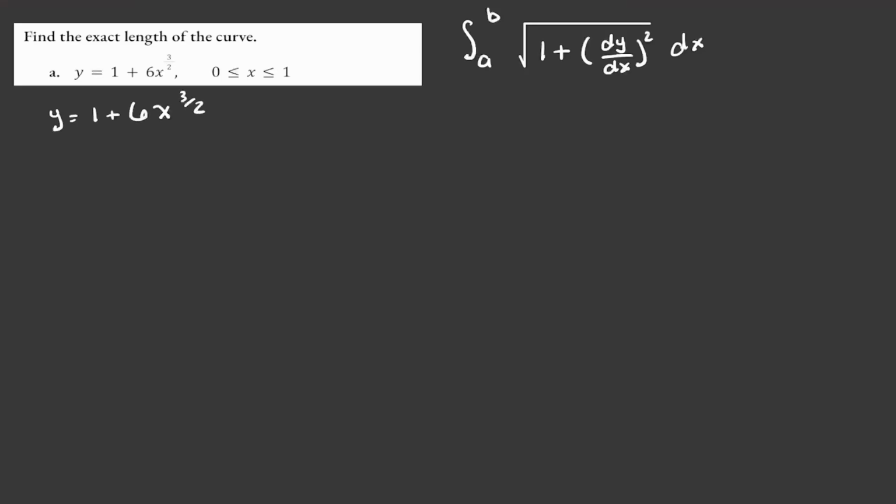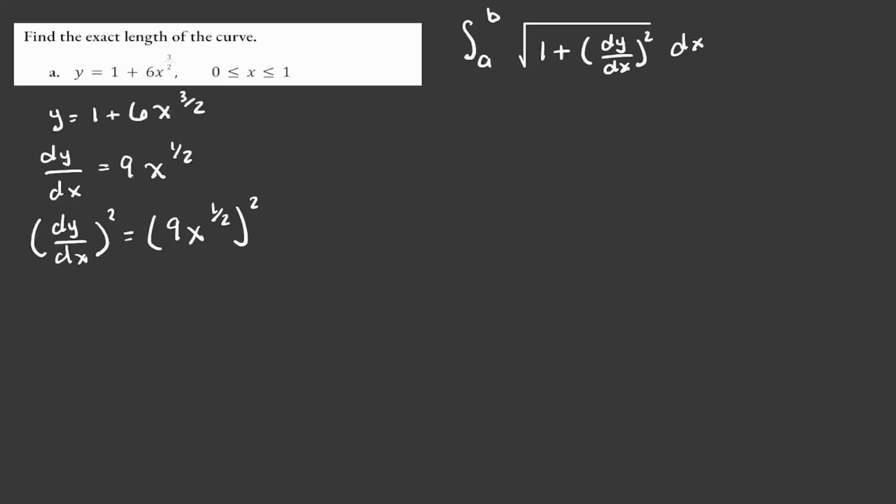That gives us dy over dx equals 9x to the 1/2. Then we need to take the square of the function, 9x to the 1/2 squared, so that gives you 81x.